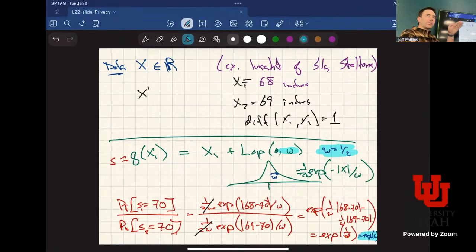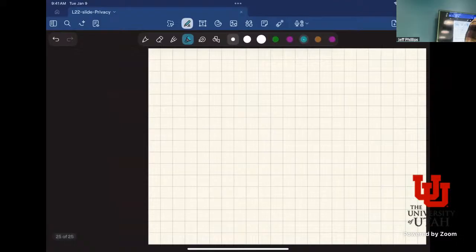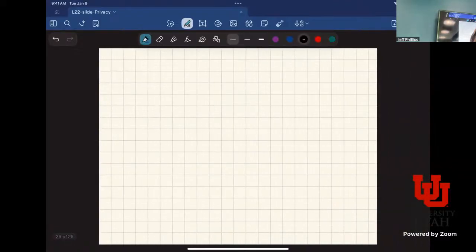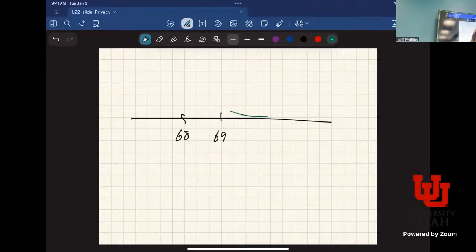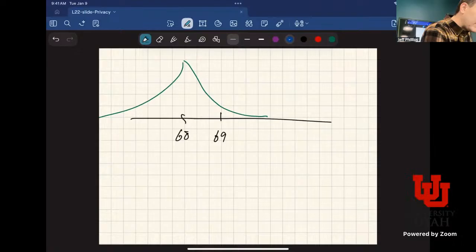I can look at the ratio of which one is more likely. The ratio of which one is more likely is always exactly the exponent of epsilon, right? So if I can draw a picture here, I have 68, and this is 69, and for 68, I draw this Laplacian distribution.